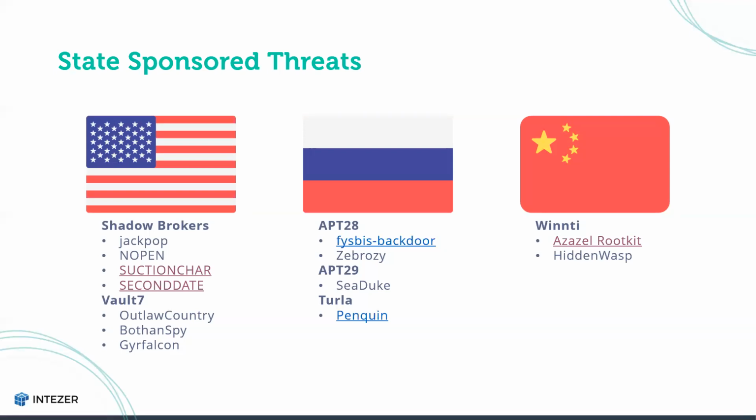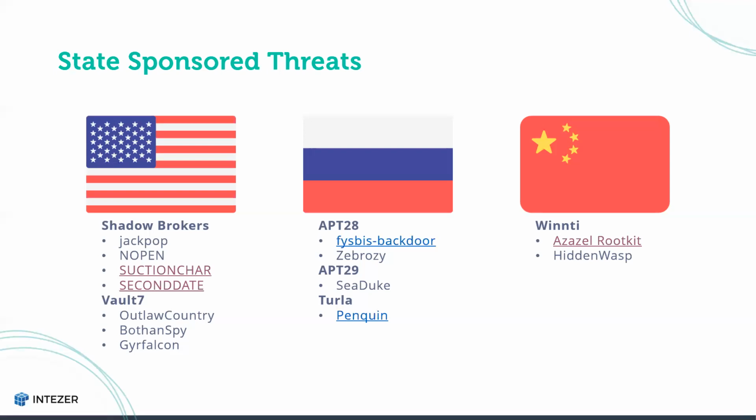And on the Chinese side, just recently Chronicle published that they found two artifacts related to the Winnti umbrella. One of them was an SSL-based rootkit. And we at Intezer published our research on some malware that we call HiddenWasp, that was later also attributed to Winnti by AT&T researchers.